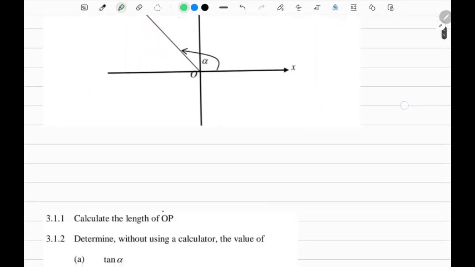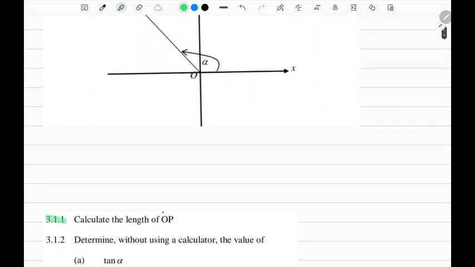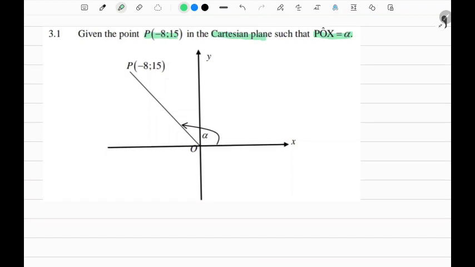So for the first question, 3.1.1, they want us to calculate the length of OP. So let's identify that length real quick. So they are referring to OP, this line. We need to find the length of this line.